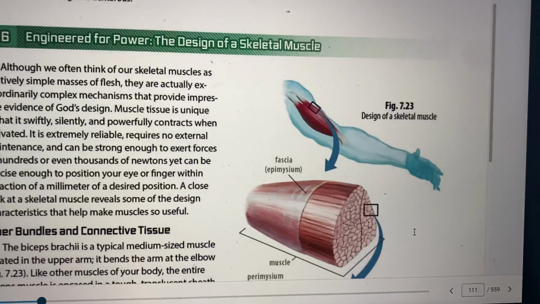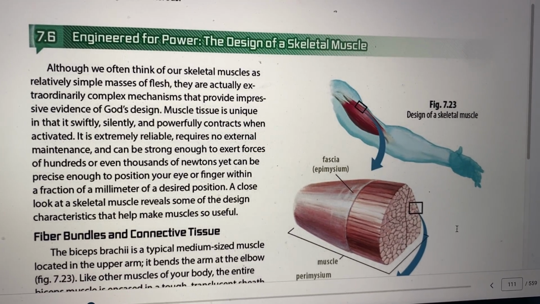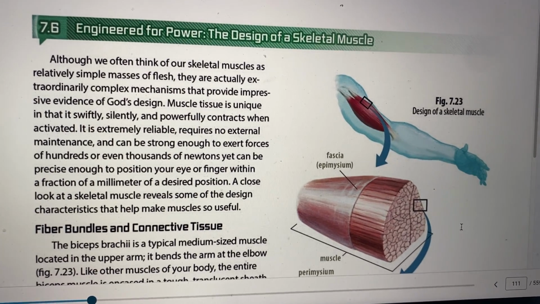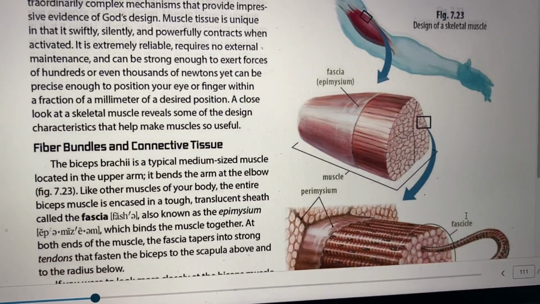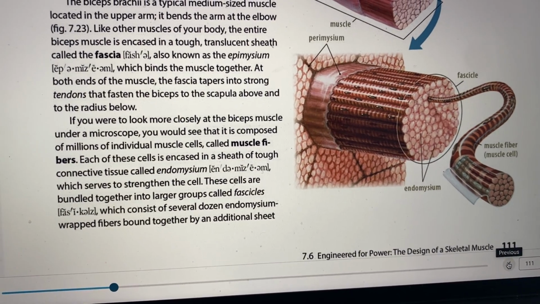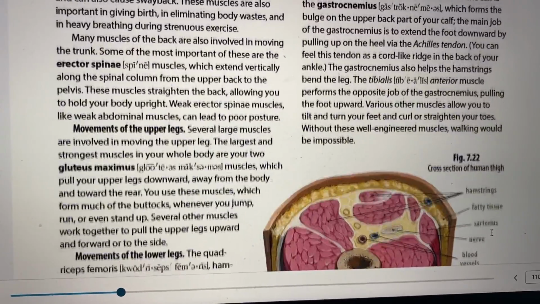So now we're going to go into section 7.6, Engineered for Power, the design of the skeletal muscle. I think there was a part here that talked about the feet. I think I did already go over the feet. Let's look at the article on your feet. Movements of the feet would be impossible.